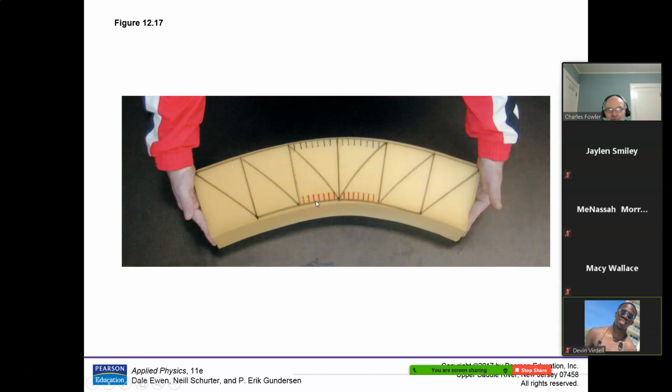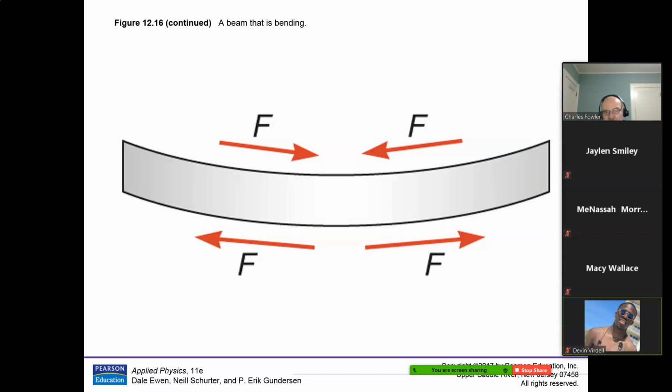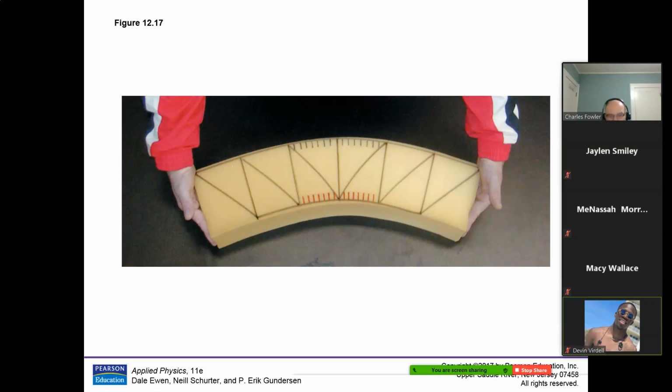When you bring it back to normal shape, then those red and blue lines are an equal distance apart. So you see how you've got a tensional force up here and a compressional force down here. That illustrates what they were showing here, flipped over, of course. They finally get to an actual example here.